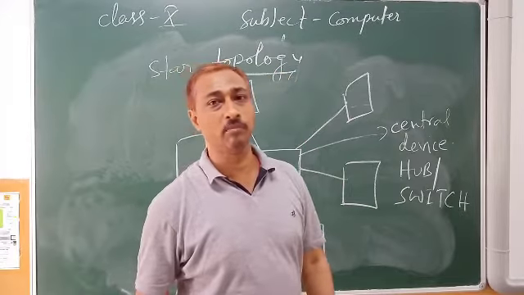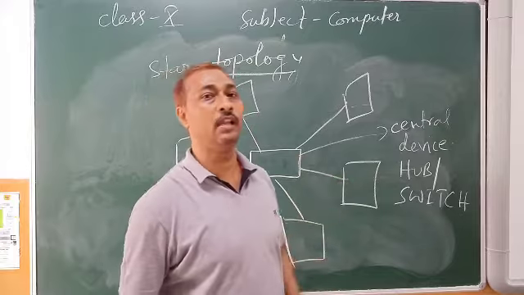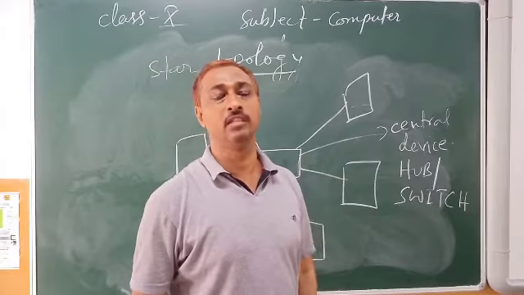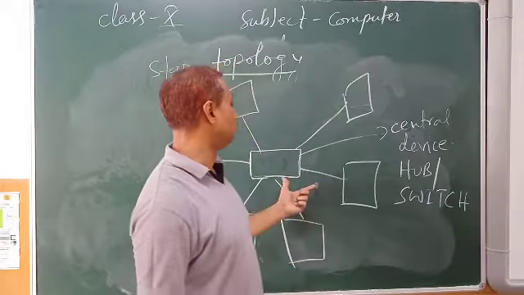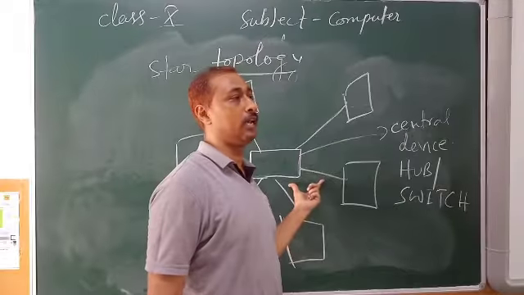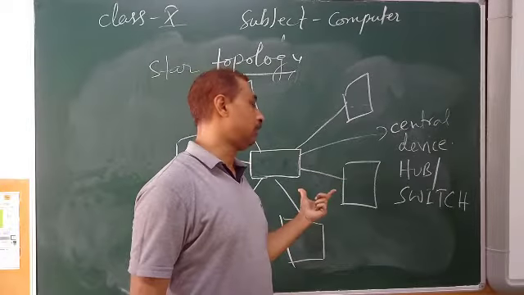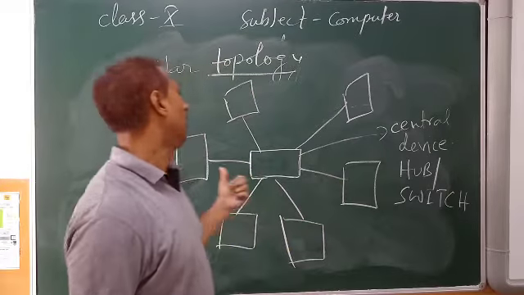These are the two types of devices used as a central device whenever we implement a star topology network. And this is the most secure and suitable network for any organization. I am going to tell you why this is the most suitable and secure network.